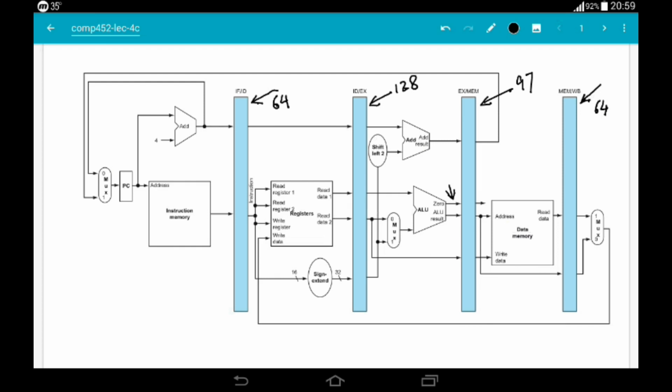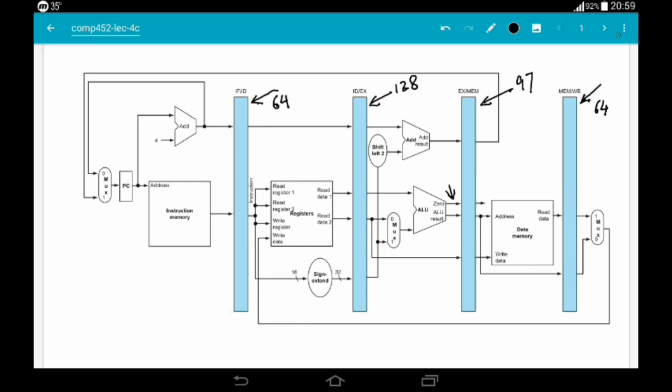After that we'll take a look at the store word instruction, and we will see that load word and store word are quite similar for the most part, but there is one major difference, and we will talk about that difference as well.